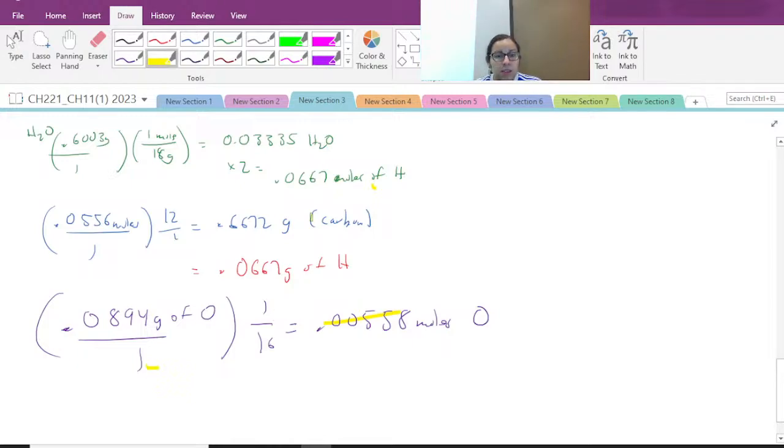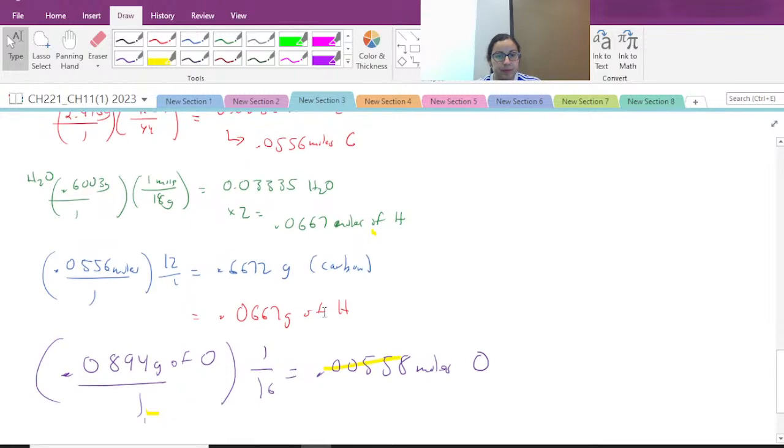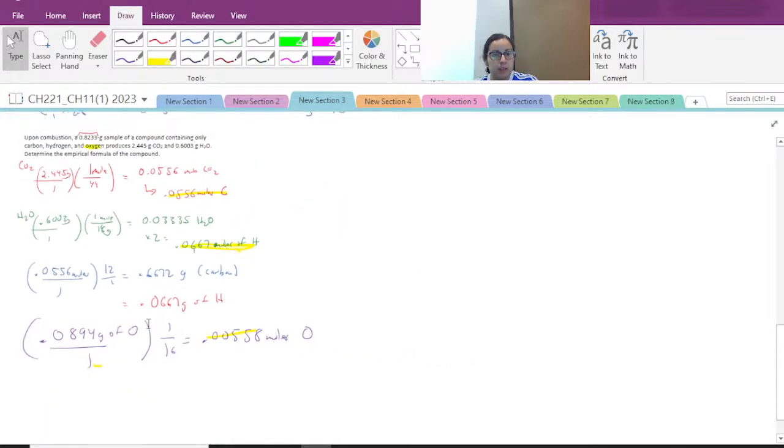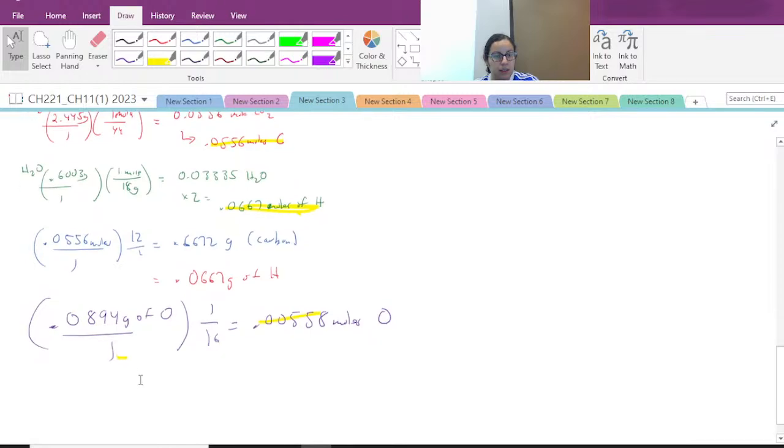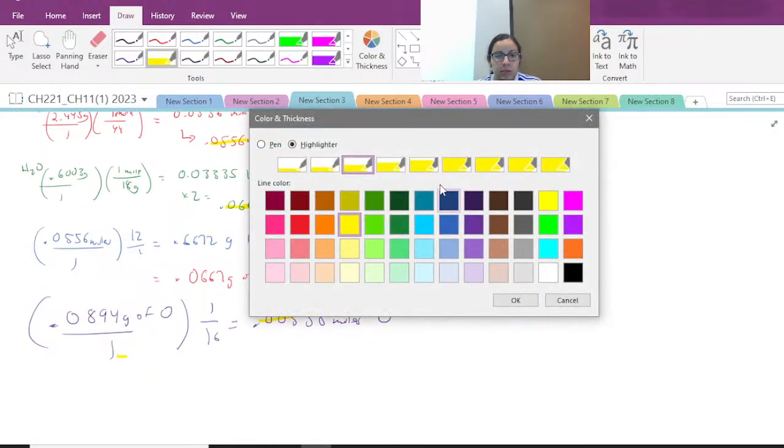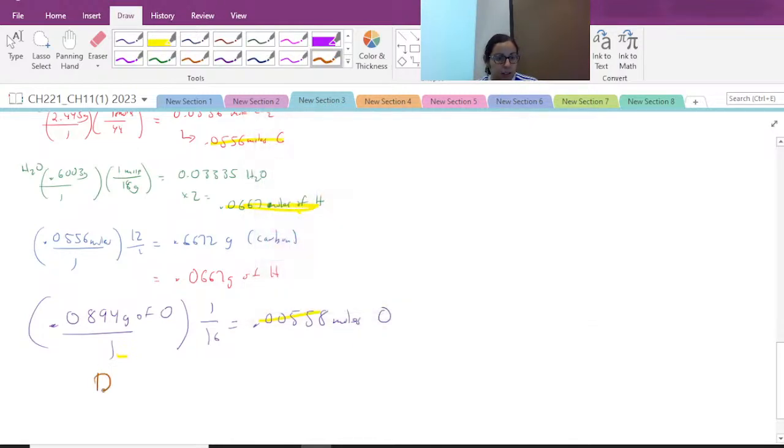Once we're at this point, we have moles of carbon, moles of hydrogen. So now we can just divide by our smallest again. Now we're at the finish line here, so divide by smallest mole.